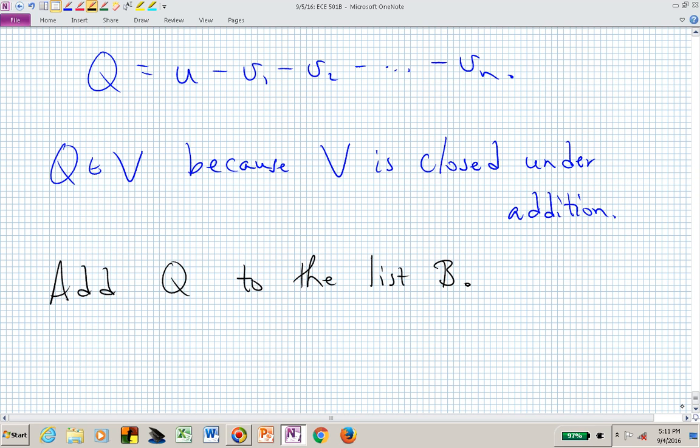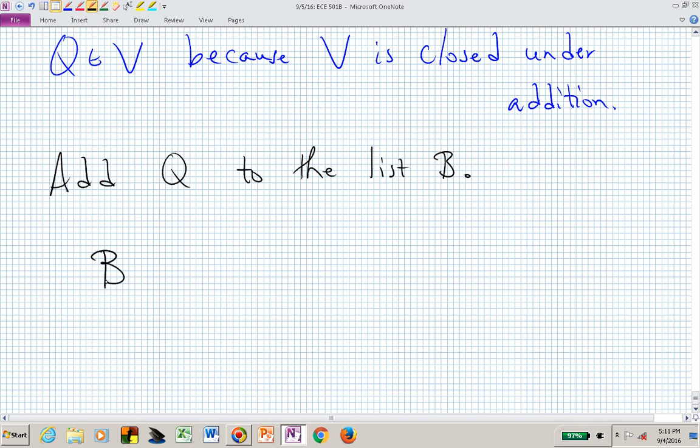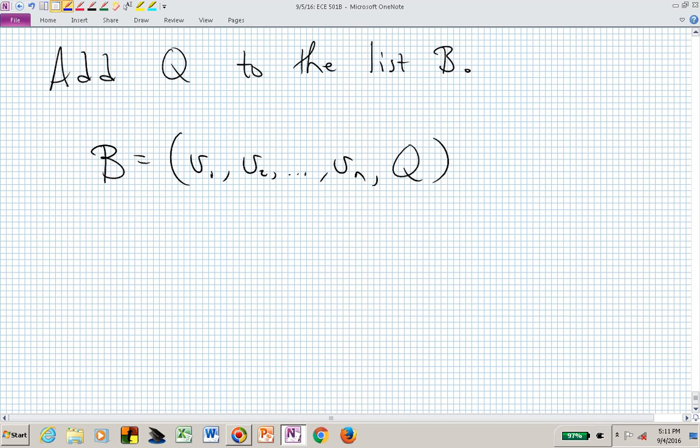Now a new B is going to be the old B, V1, V2, V sub n, in addition to Q. And now we need to look at this new list. Now we have n plus 1 vectors in B.